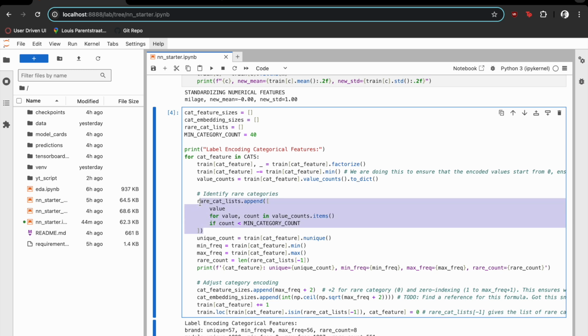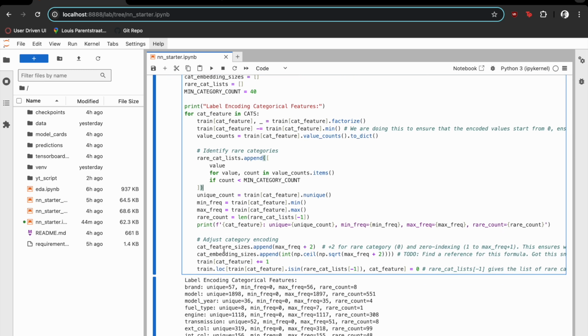We are filtering them out based on the frequencies, and after that at the end, for each categorical feature we will have the number of unique categories present in that feature. Along with that there is a plus one which is added for the rare category.